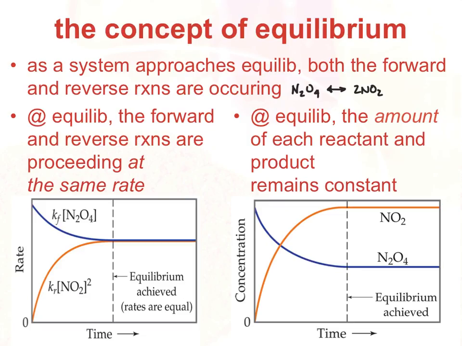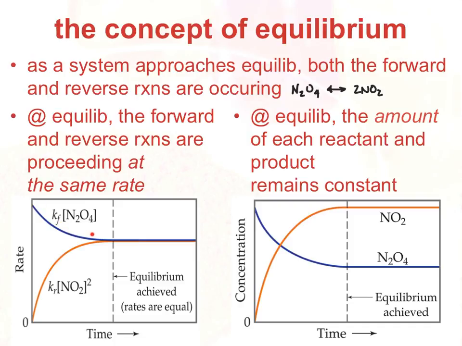So let's go ahead and look at the concept of equilibrium with respect to some graphical data. In this first setup, we are looking at the rate of the forward and reverse reactions with respect to time. What you'll notice is that the rate of disappearance of our reactant decreases as we progress through the time of the reaction.